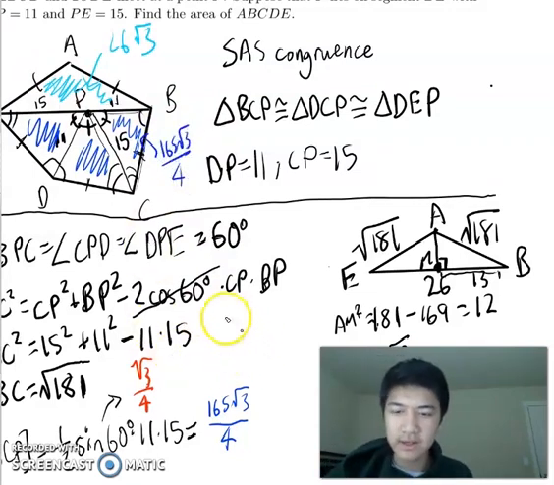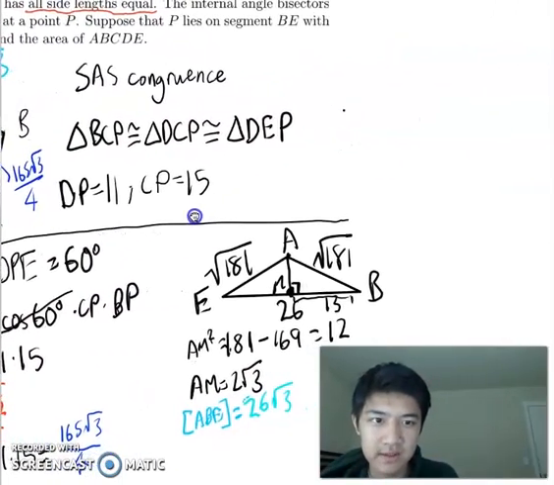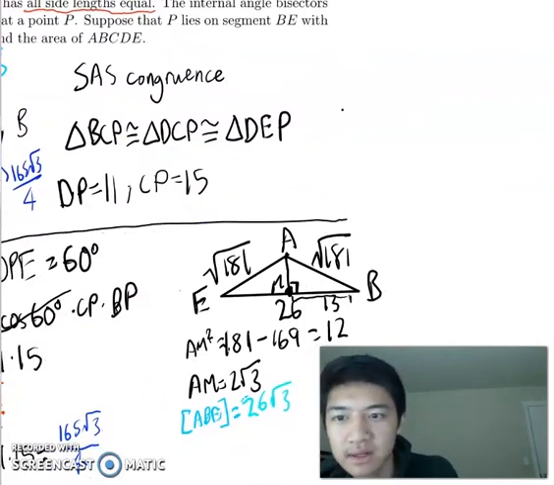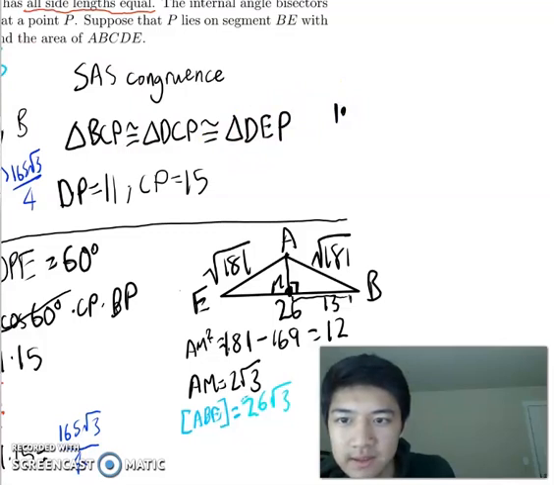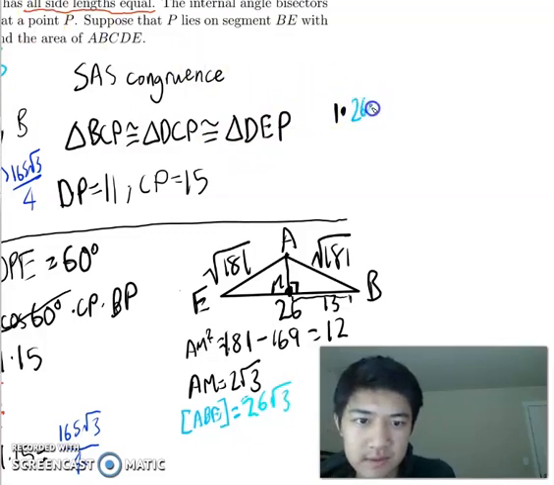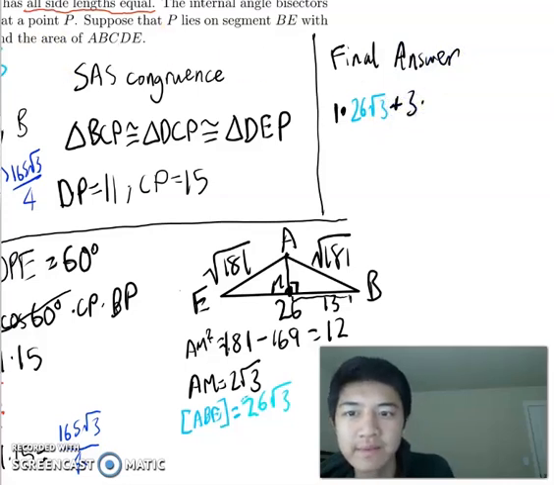And to calculate the final area, you simply need to add those 4 triangle areas together. To do that, we can just do 1 times 26 root 3, and then we just have to add 3 times 165 root 3 over 4.